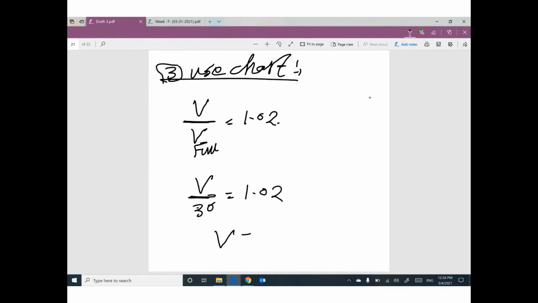So I can figure out the required velocity. It will be 30.6 feet per second.